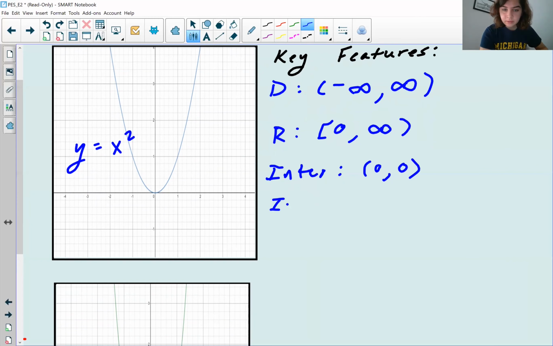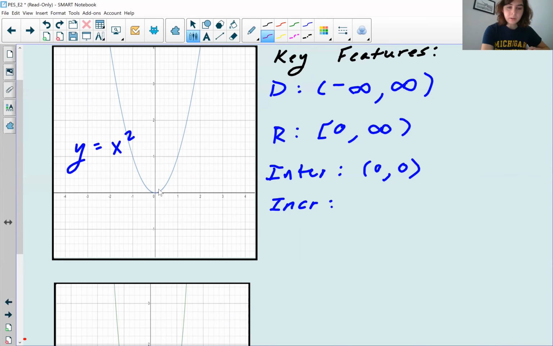And so let's talk about increasing and decreasing, which you may not be as familiar with. Increasing talks about the slope of the graph over an interval. So if a function is increasing over an interval, it means that the slopes of the function are positive. And so let me show you where that is on here.